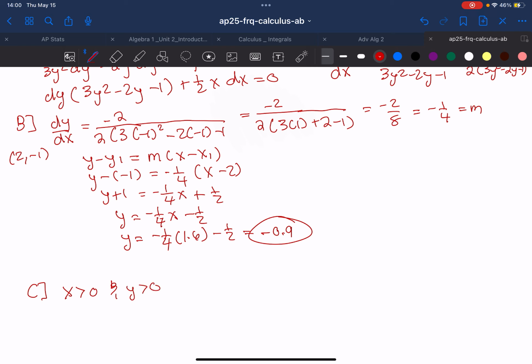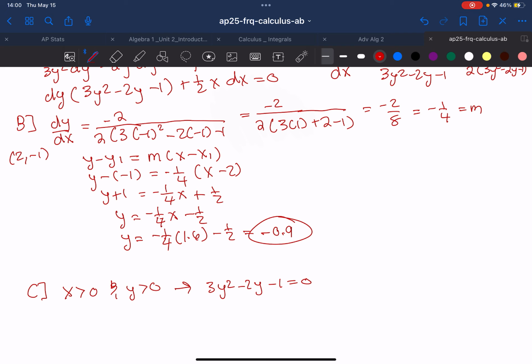So what we're going to try to find is the factors for the 3y squared minus 2y minus 1, which was our denominator of our dy/dx. So this is 3y squared minus 2y minus 1 equals 0.